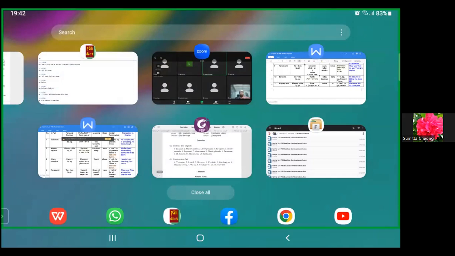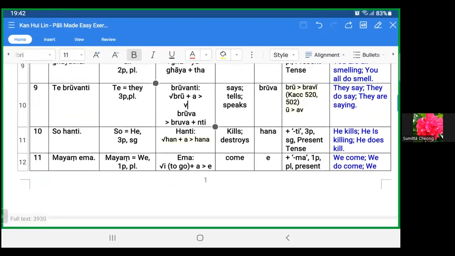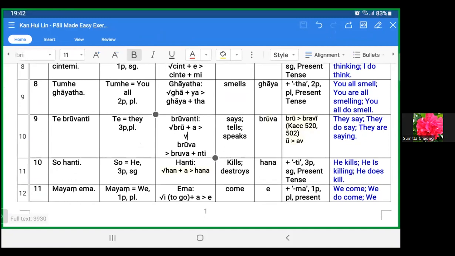Sumita, yes. Just now you talked about the bruva. The v here is an insertion because of the long u? No, because of the u and a. For example, let's say we are going to read bu a. It's very difficult to read bu a. So naturally, buva is much easier to recite, for pronunciation's sake. Like the s insertion type.